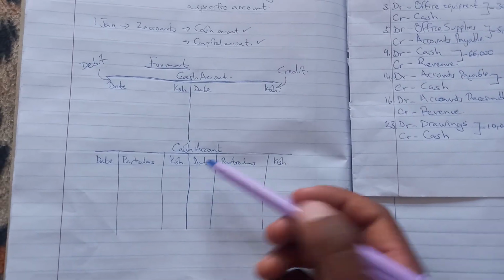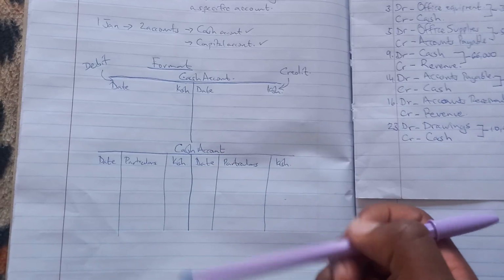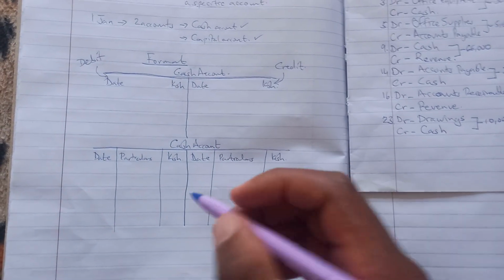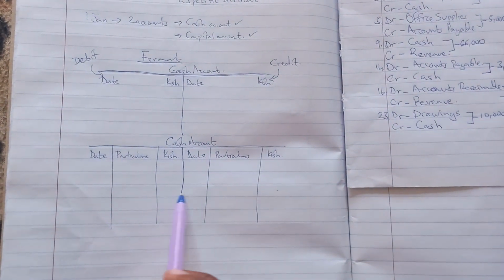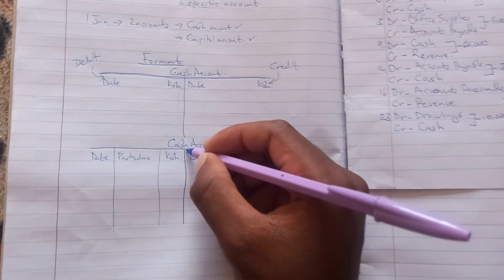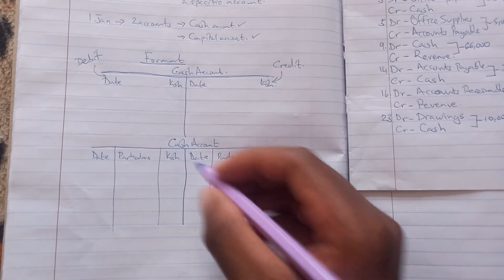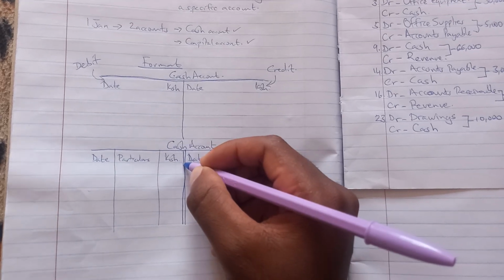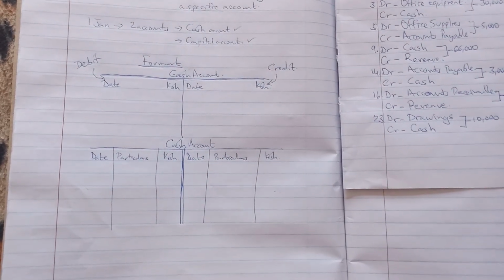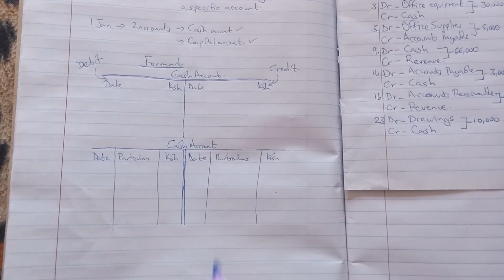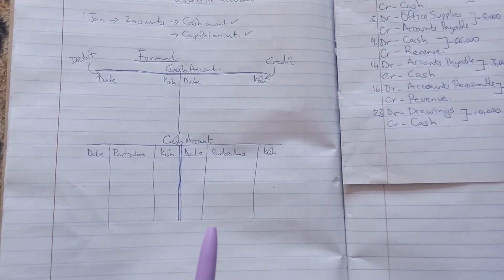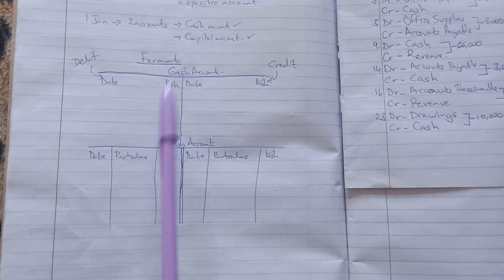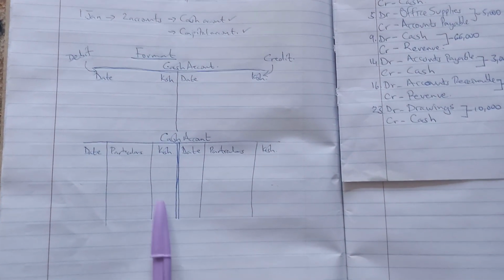Okay, so if you look at these two, they are still the same. But now since this one has more lines, this middle line separating the debit and the credit side should be double lined. Okay, this one is not neat. So disclaimer, the moment you're doing an exam and you're drawing a ledger, please use a ruler.